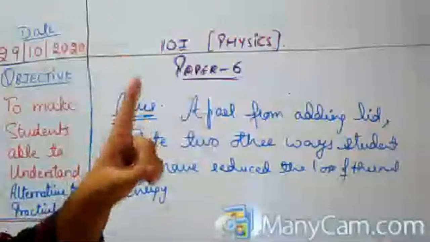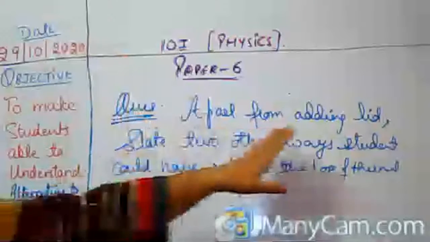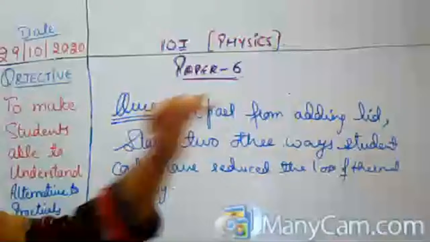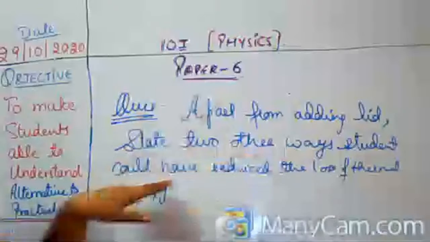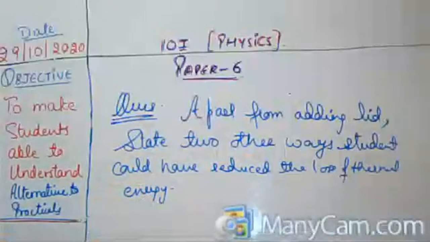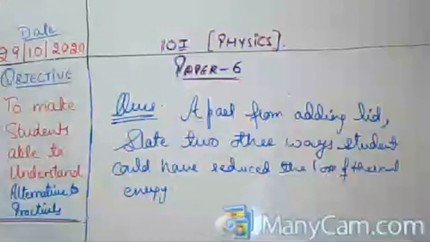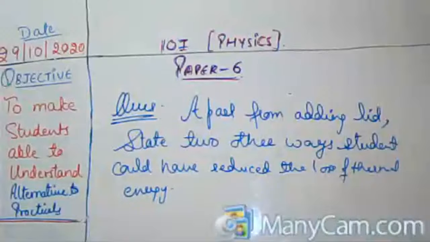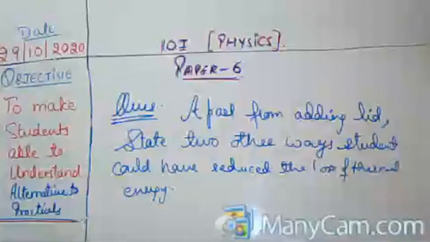Now the second part is apart from adding the lid. That means apart from the lid answer you have written, state any two ways students could have reduced the loss of thermal energy. This question I have taken from your paper 6 of 2016, and I guess this is the November zone series.